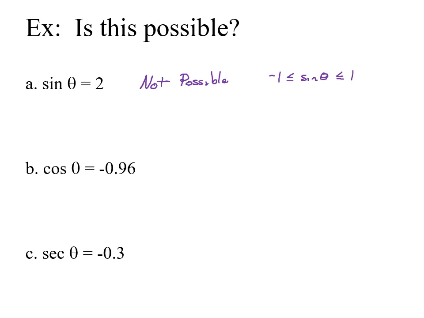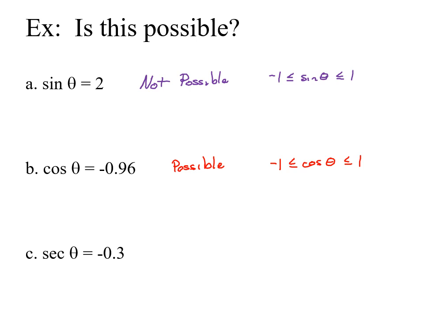Cosine theta equals negative 0.96. This one is possible. For the same reason, cosine has to be between negative 1 and 1, and negative 0.96 is between negative 1 and 1.